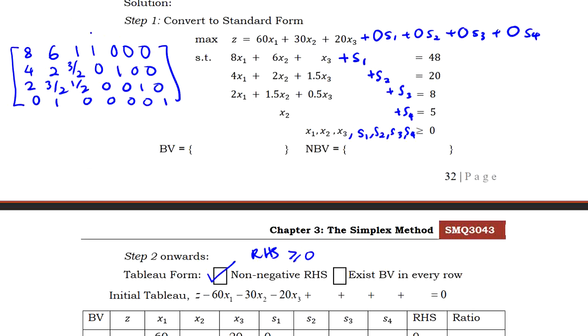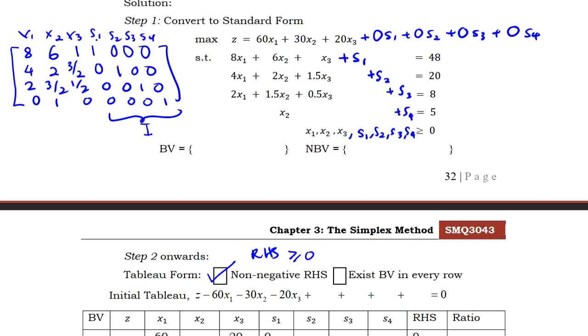As you can see here, the columns are x1, x2, x3, and then s1, s2, s3, s4. From s1 to s4, these 4 columns form an identity matrix.